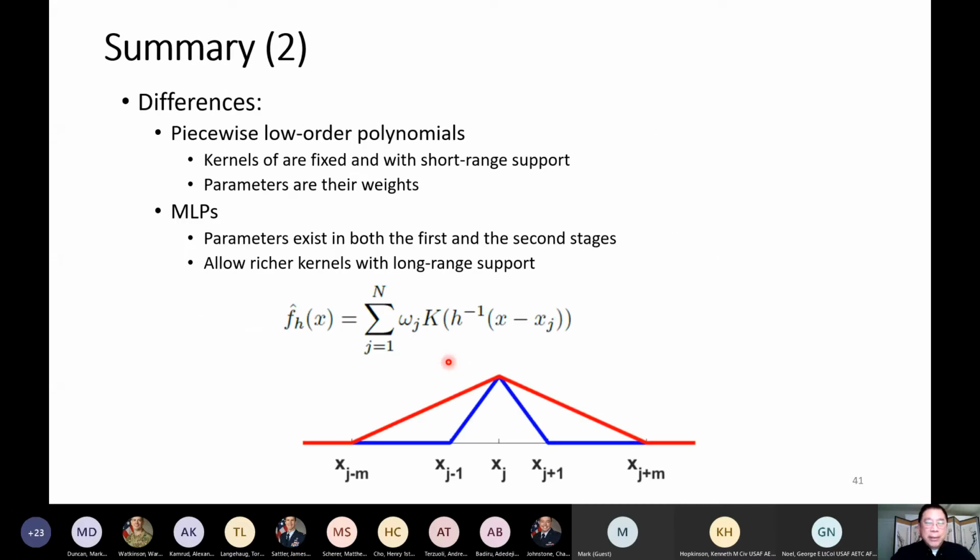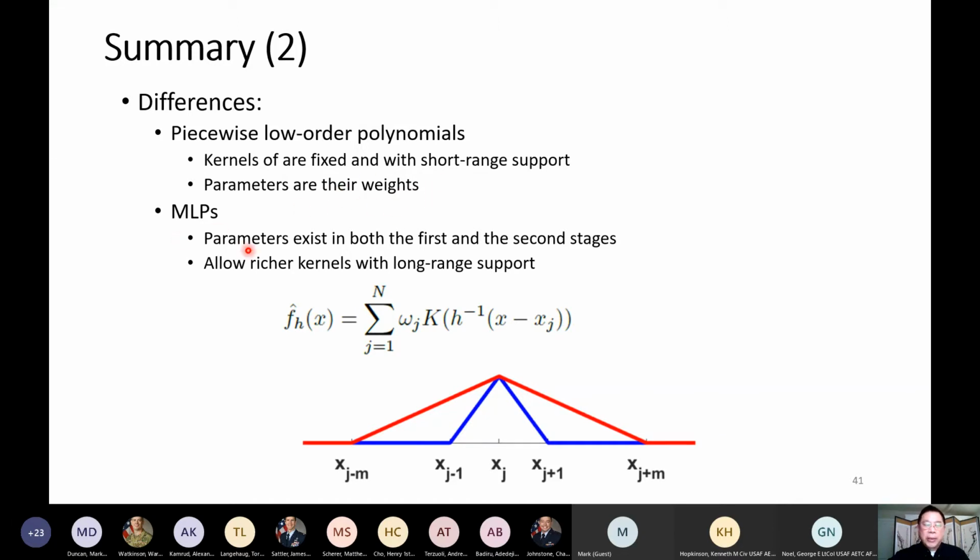So you will say, well, then MLP is just like a low-order polynomial. The answer is no. Actually, piecewise low-order polynomial is much more limited in its power because the kernels are fixed, and usually the kernel has short-range support. The thing you can adjust is the parameters, the weights.